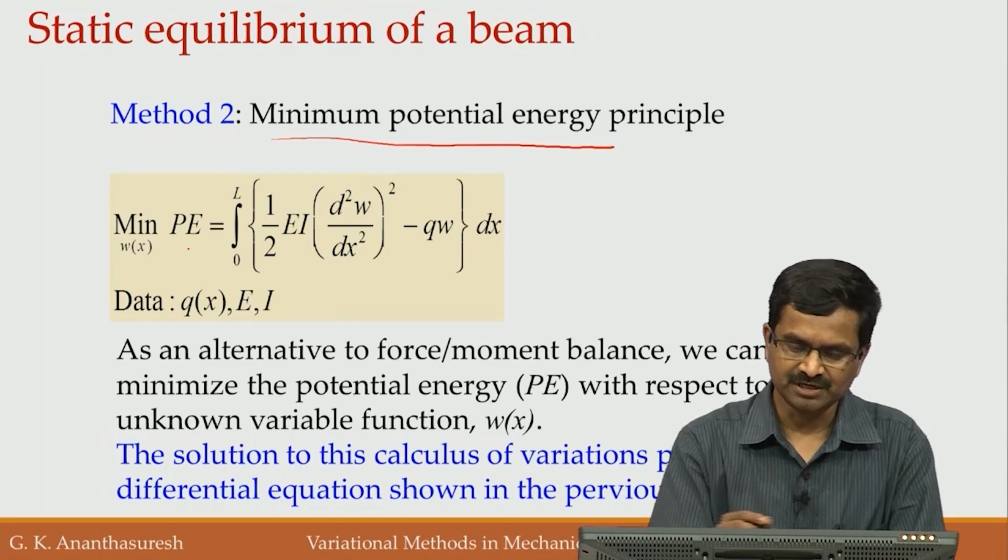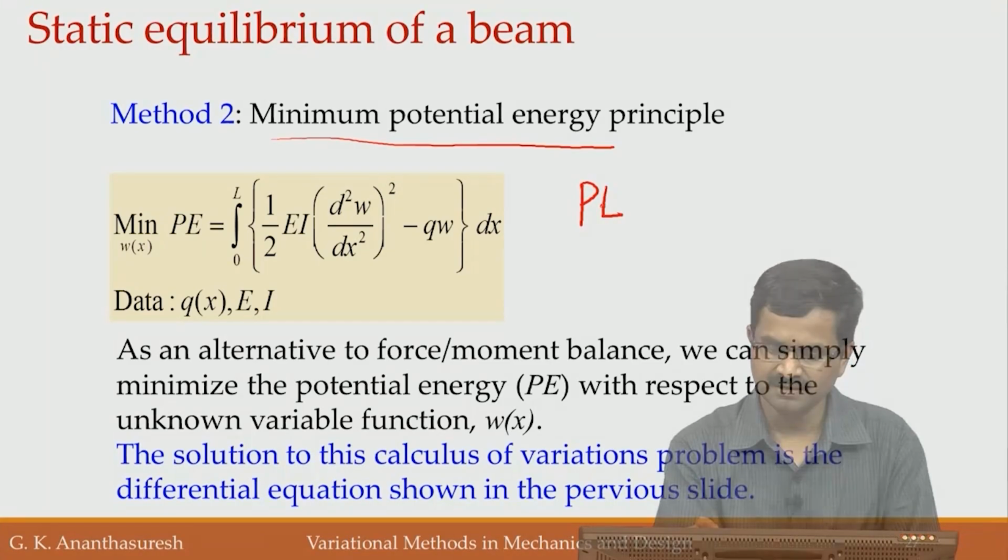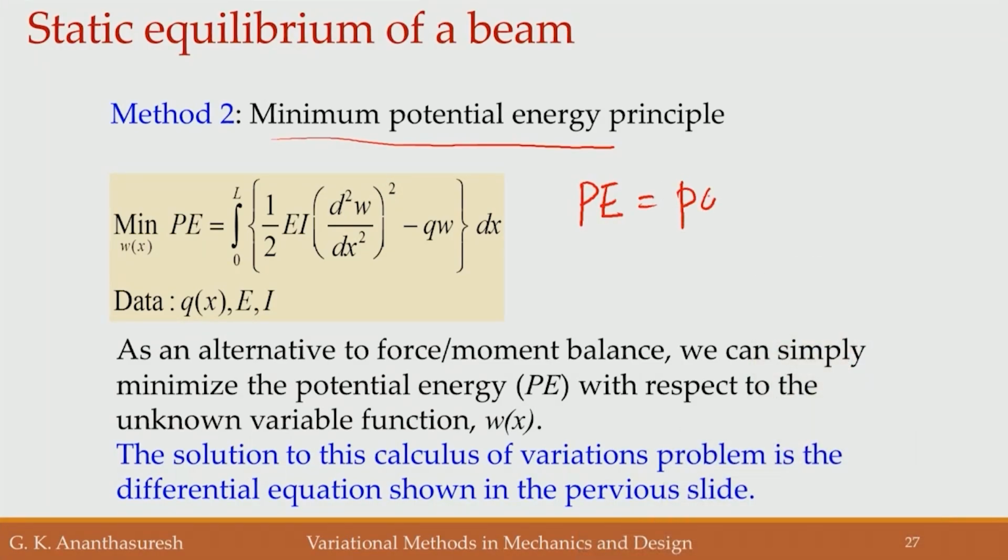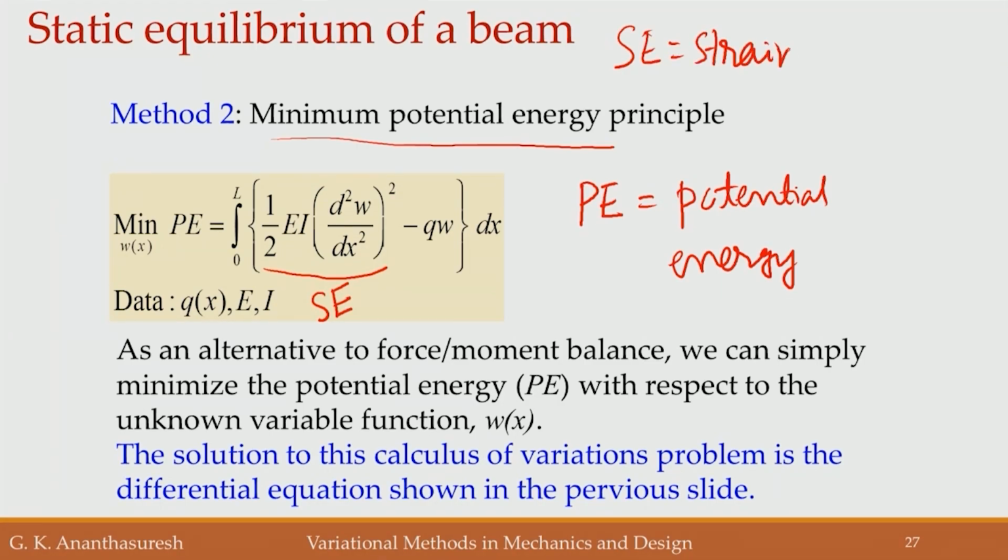We have something called potential energy, which we write as PE. This potential energy is a combination of two things, and one is the strain energy, which we denote by SE, the deformation energy stored in an elastic body.